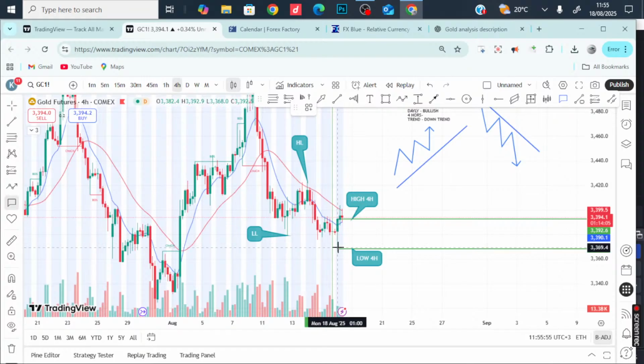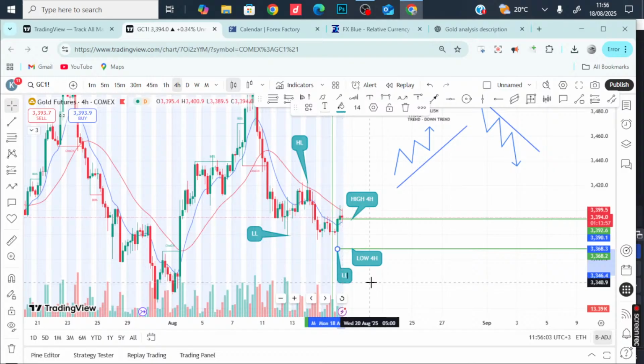Okay. So these are some of the basics in terms of the 4 hours you are supposed to understand as you are analyzing your trade.